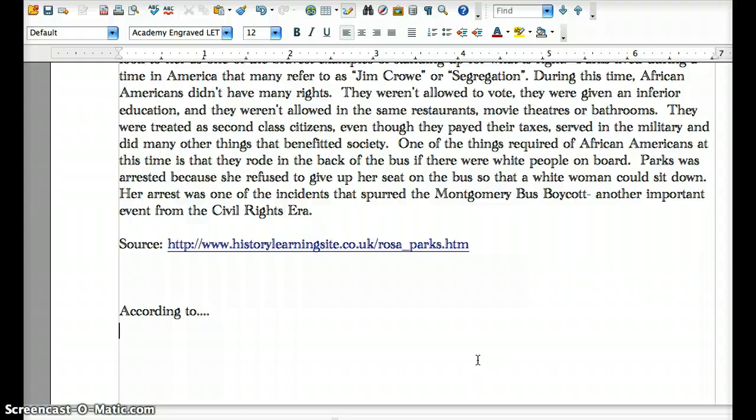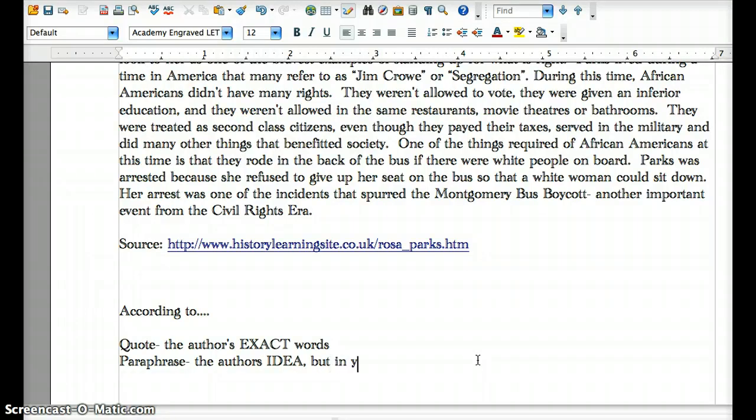or a paraphrase. The difference between a quote and a paraphrase is that a quote is when you use the author's exact words. A paraphrase is when you use the author's idea, but in your own words.